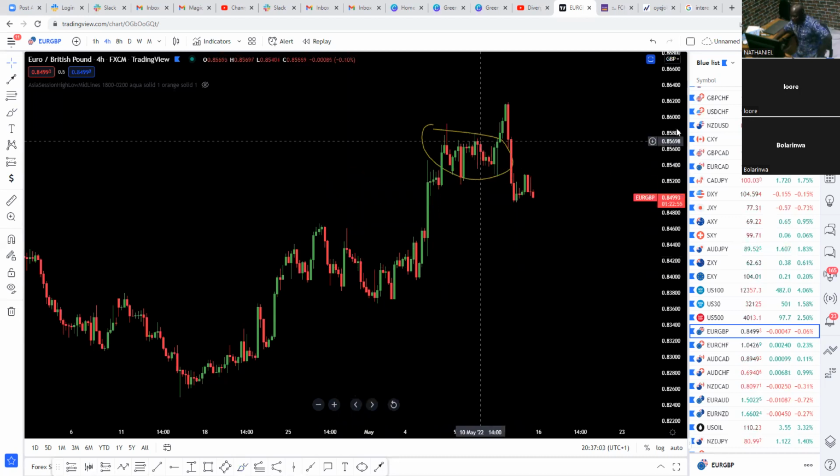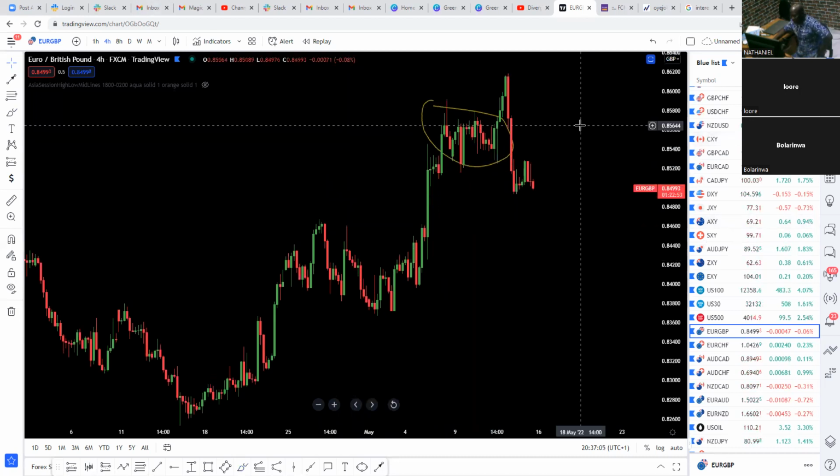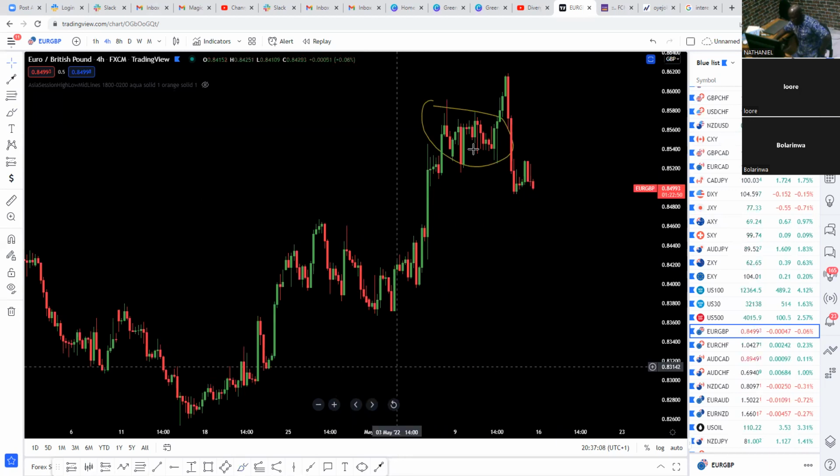And when this consolidation was happening, I sent a markup to the group. Just watch this. Let me take you to Telegram.